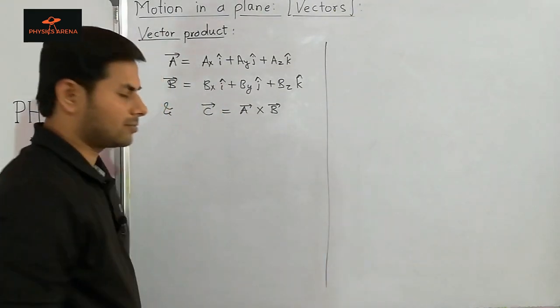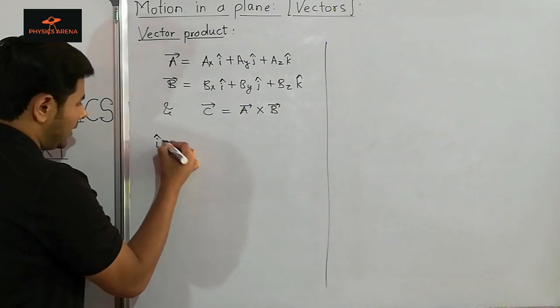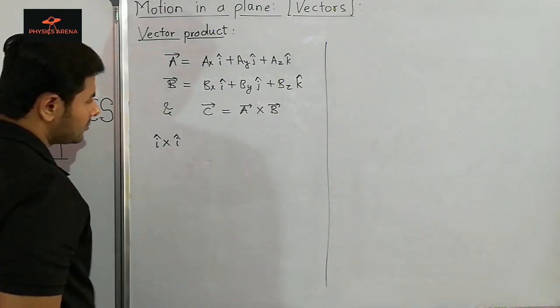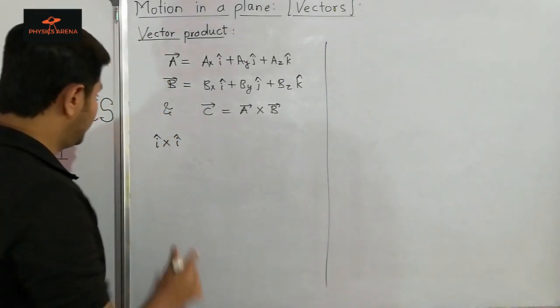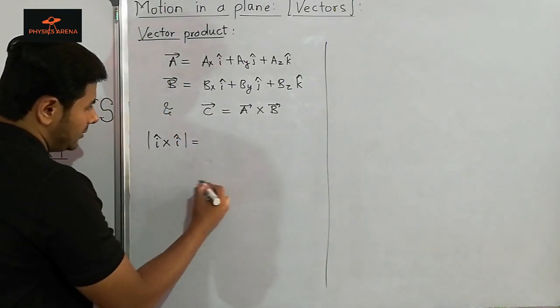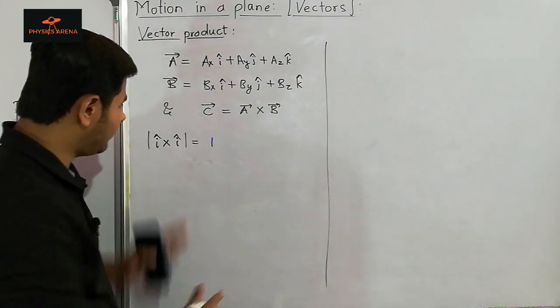Okay, so what will be I cross I? These are unit vectors along x-axis. So let's find magnitude of this. It is magnitude of first vector into magnitude of second vector.